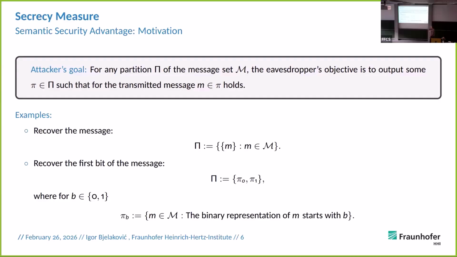Every partition is admissible here. Examples: if you want to recover the message exactly, it's just a partition consisting of singletons. Or if you want to check whether the first bit in your message is 0 or 1, then you have a 2-element partition like here, right?